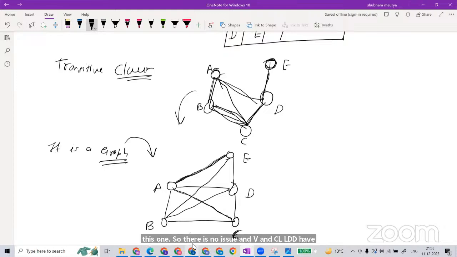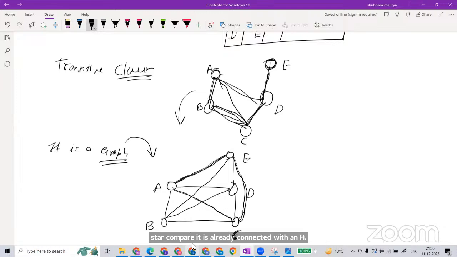There is a path between C and E, so let's connect that directly, meaning there is an edge between C and E. The rest are already connected with an edge.